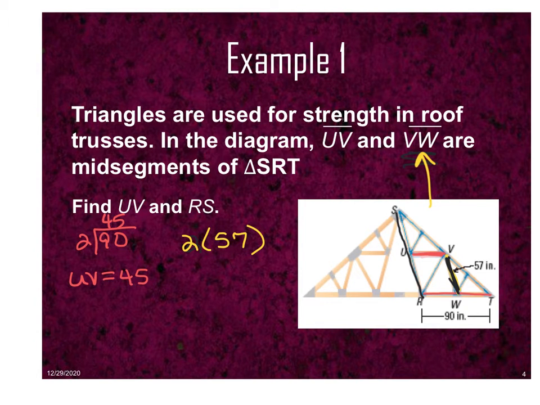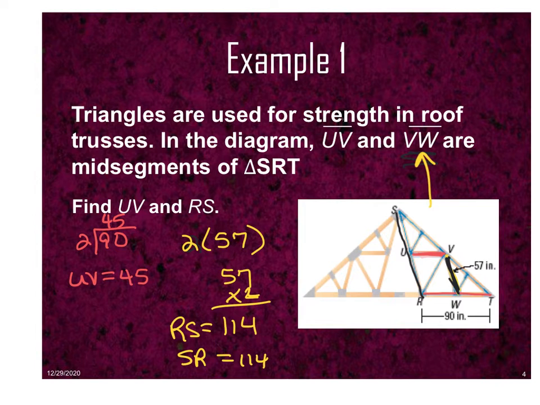So 2 times 57 is going to give me 114. So the length of RS is 114. You could also name it as SR. Same thing over here. This could also be VU. So we're either multiplying or dividing by 2, depending on what's given to you.